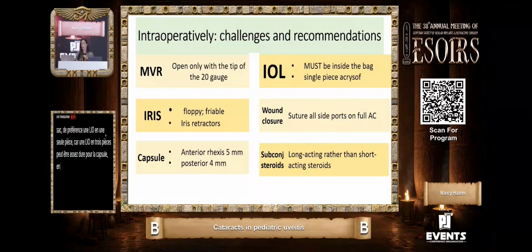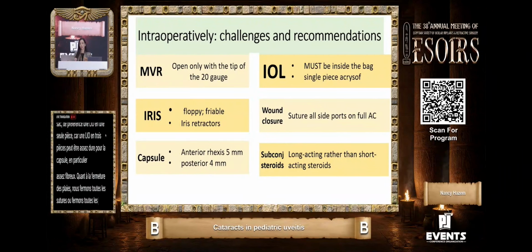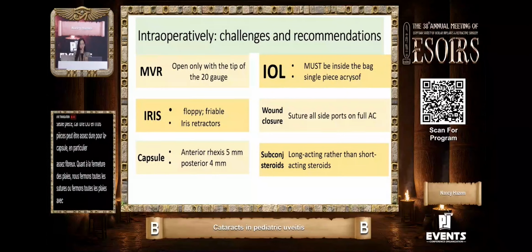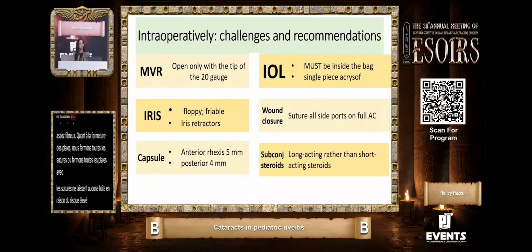As to wound closure, we close all the wounds with sutures, never leaving any of them leaking because of the high risk of membrane formation, especially in patients post-operatively of pediatric uveitis. And at the conclusion of surgery, we go for a long-acting steroid injection, subtenon or subconjunctival.